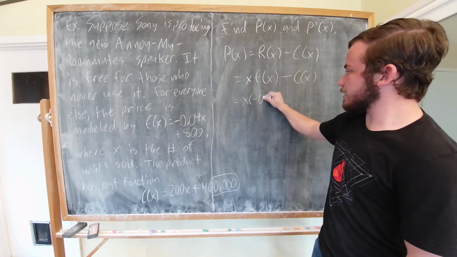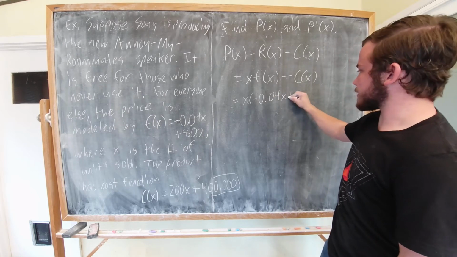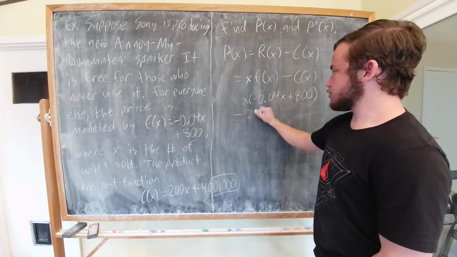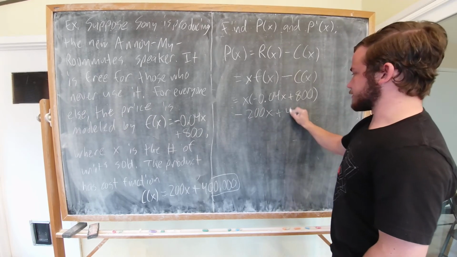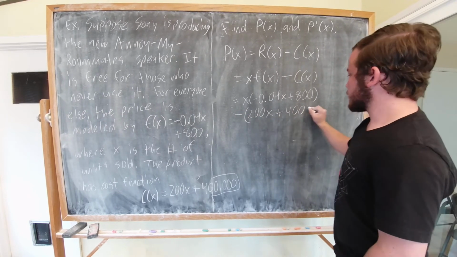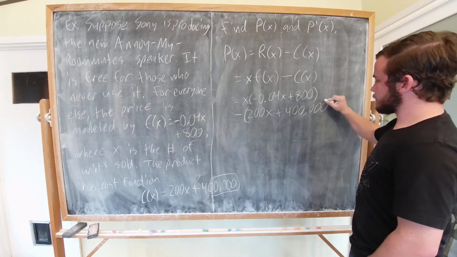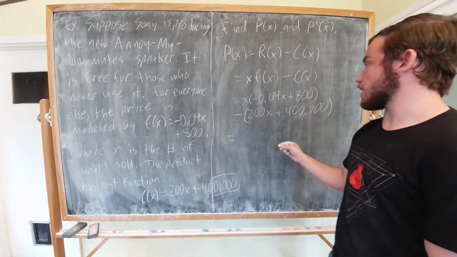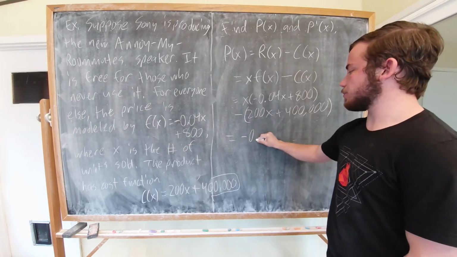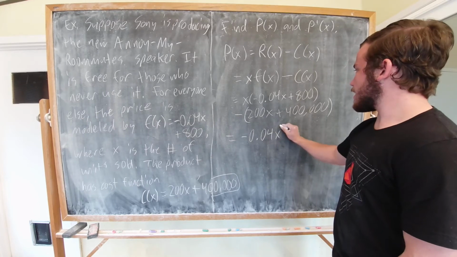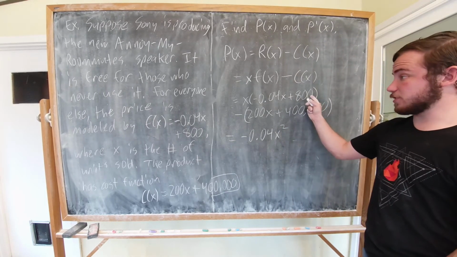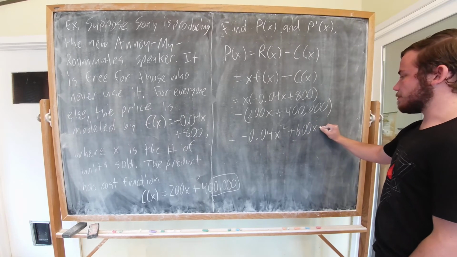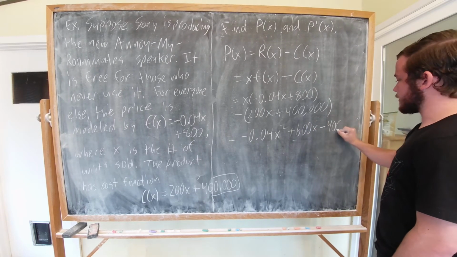x times negative 0.04x plus 800, minus 200x plus 400,000. Okay, and this is all just algebra. We do the subtraction out, and we're left with negative 0.04x squared plus 800x minus 200x, so plus 600x, minus 400,000.